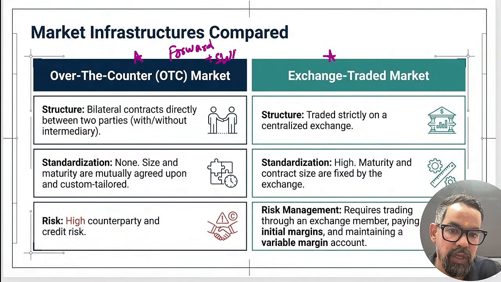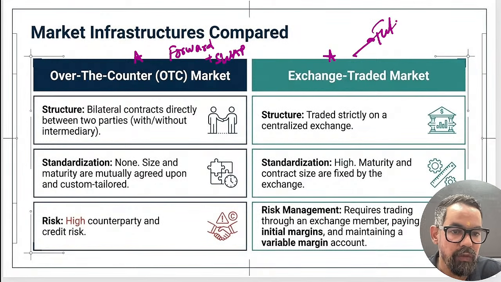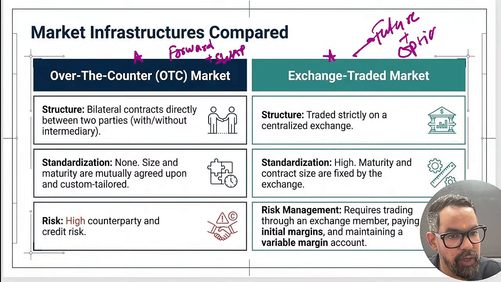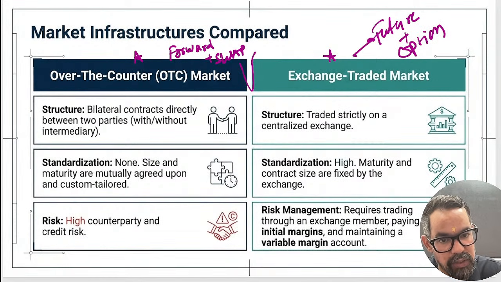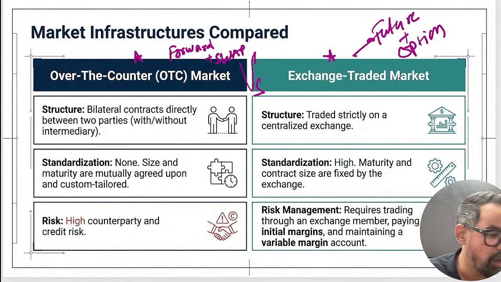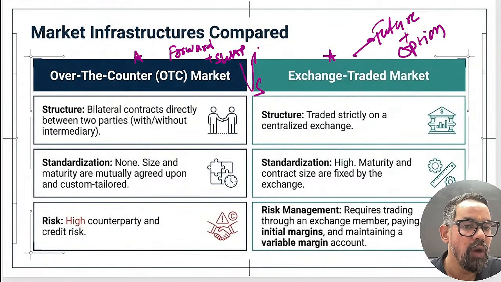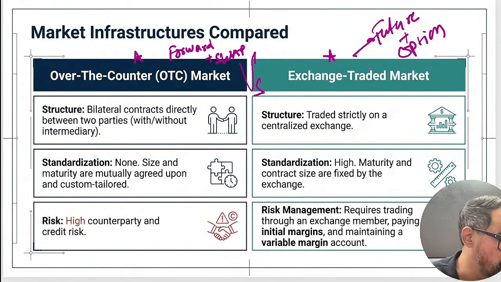These are OTC contracts. And your futures and options are exchange traded derivatives. If you understand the differences between these two, you'll get the differences like forward versus future, swap versus future, or forward versus options.